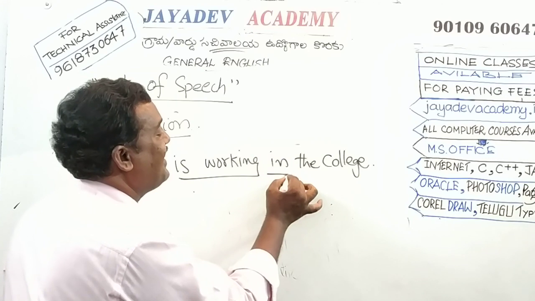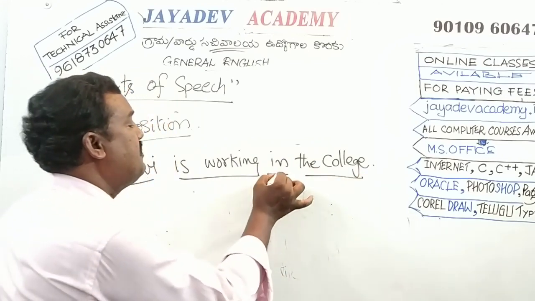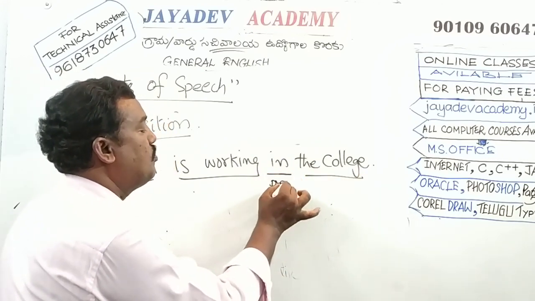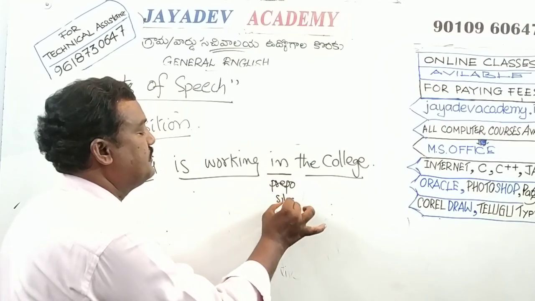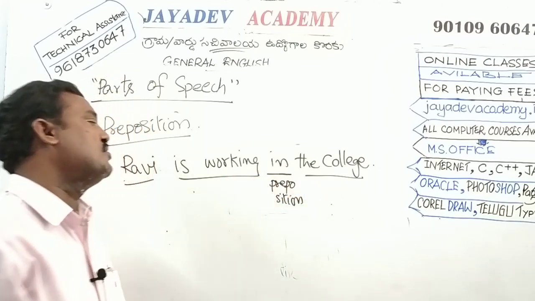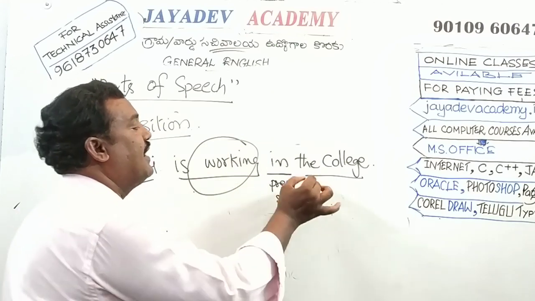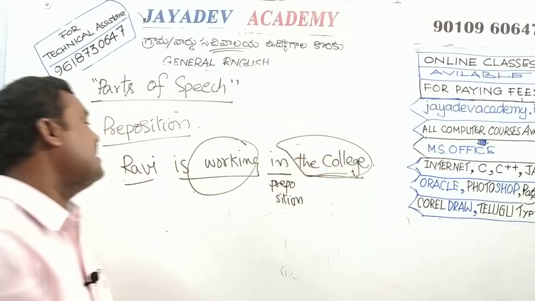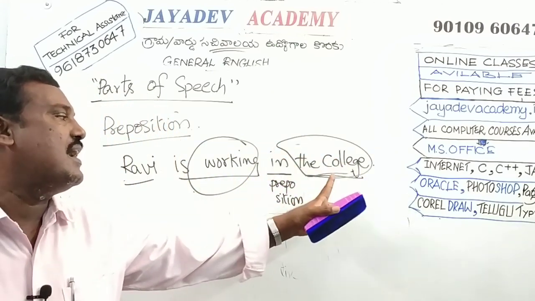Ravi is working in the college. In, if you take, this is called a preposition, which shows the relation between working and the college.